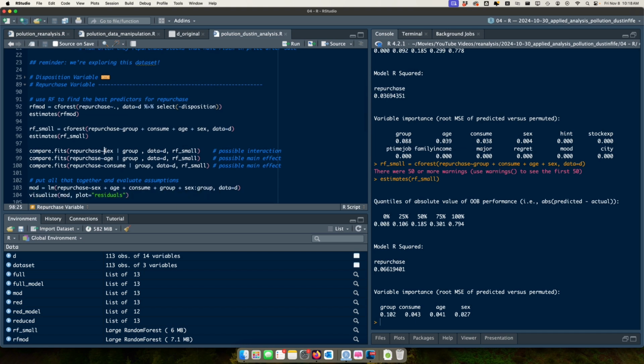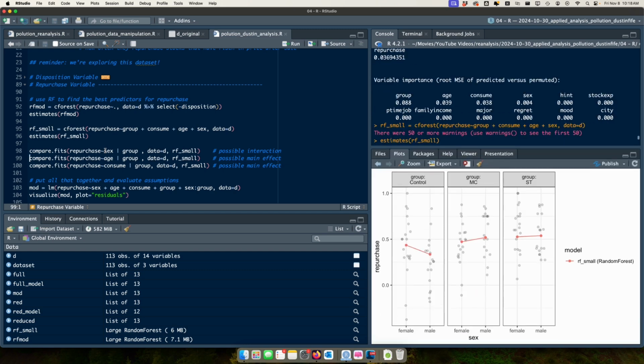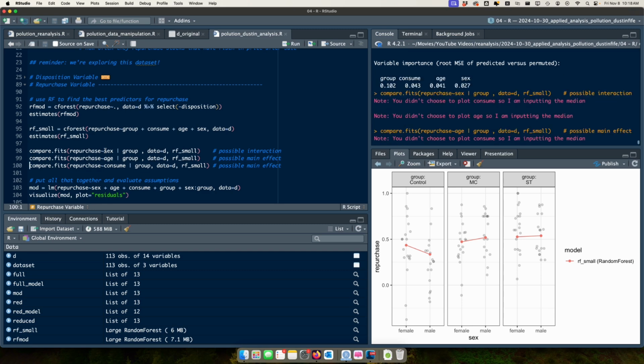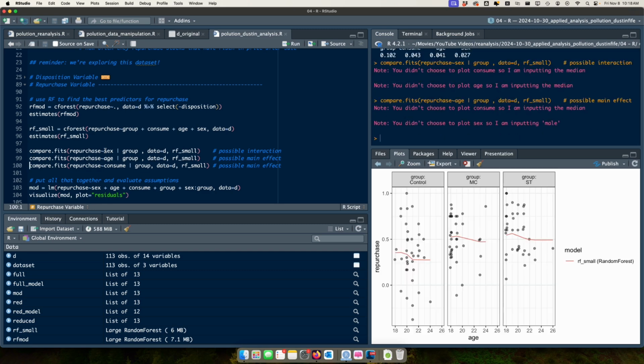So just as before, I'm going to look at the relationship between sex and repurchase, conditional on group, as well as all the other ones. And so for the sex variable, again, possible interaction there between group and sex. And then age, kind of.